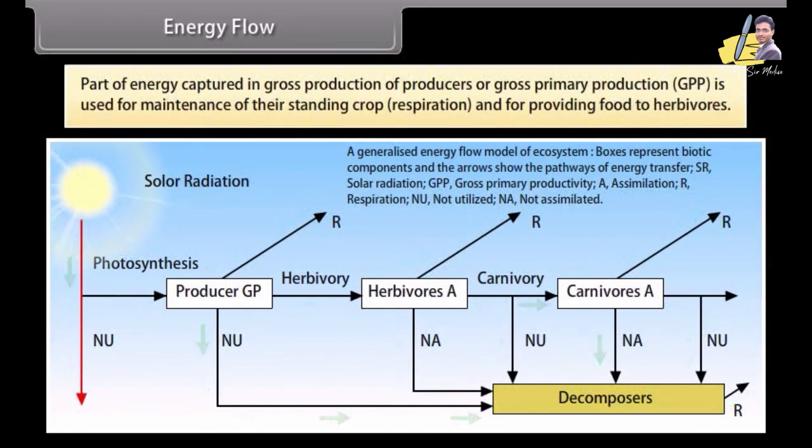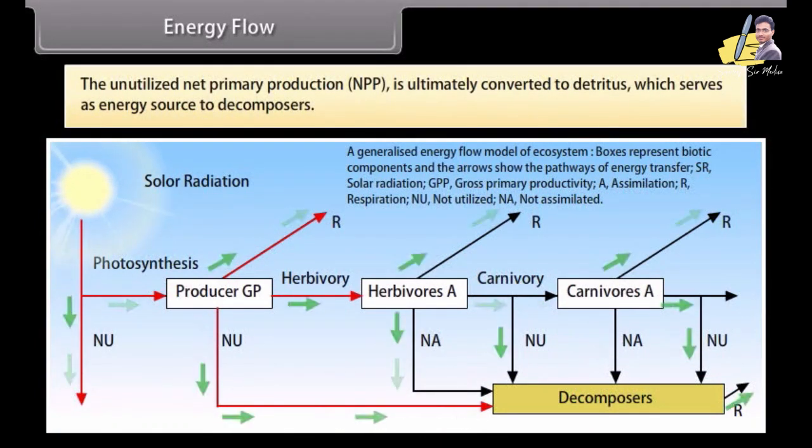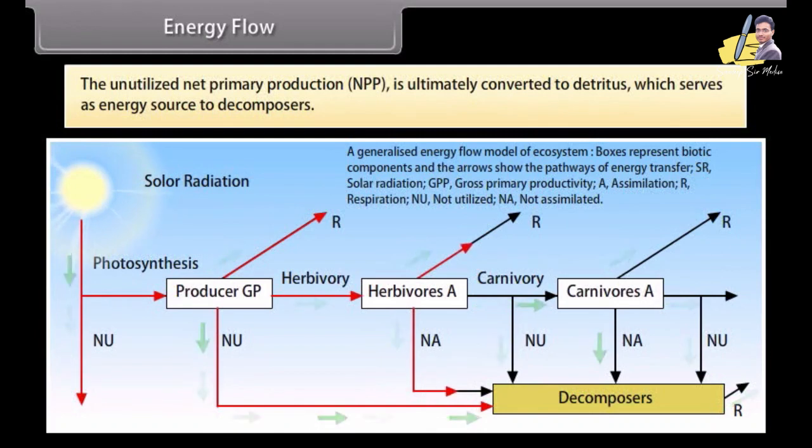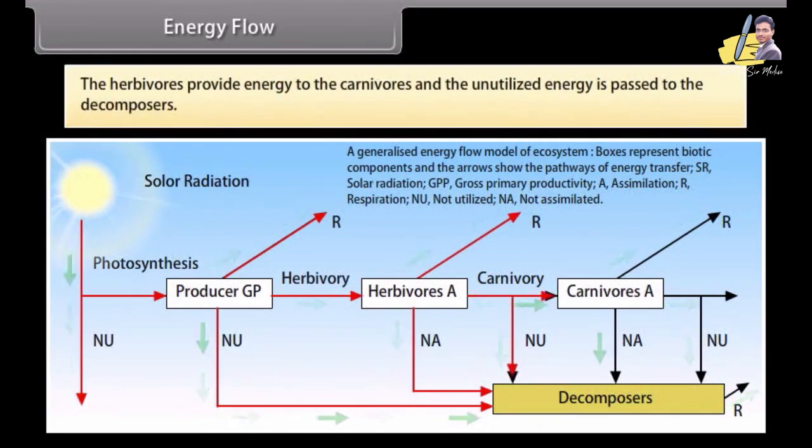Part of energy captured in gross production of producers, or gross primary production (GPP), is used for maintenance of their standing crop, respiration, and for providing food to herbivores. The unutilized net primary production, NPP, is ultimately converted to detritus, which serves as energy source to decomposers. The herbivores provide energy to the carnivores and the unutilized energy is passed to the decomposers.